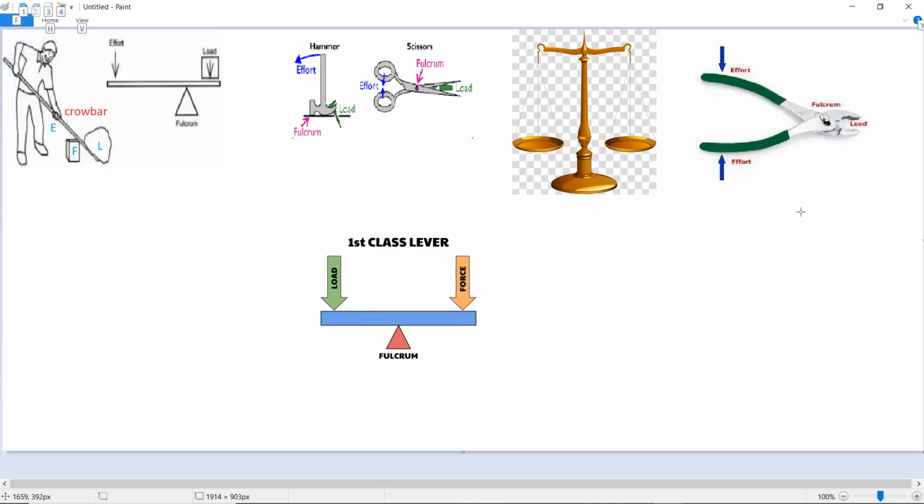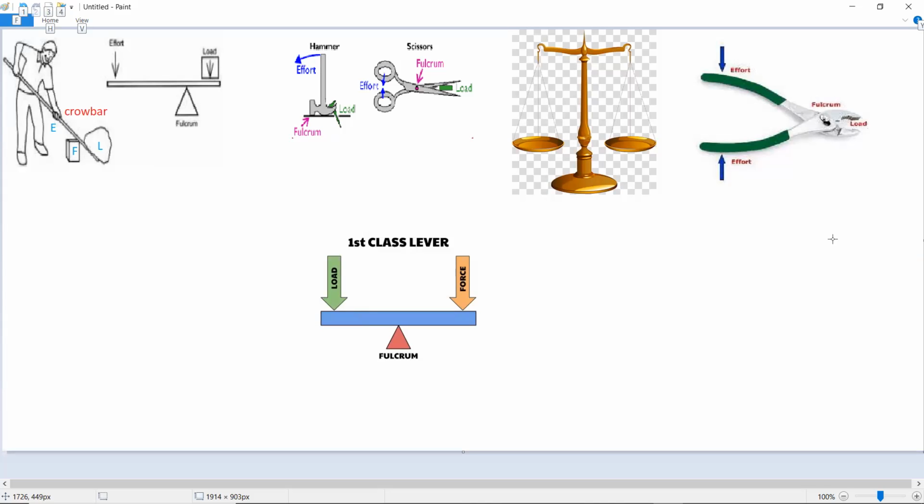Now, children, let us discuss levers of class 1. As you can see, the levers in which the fulcrum is in between the load and the effort are called the levers of class 1.